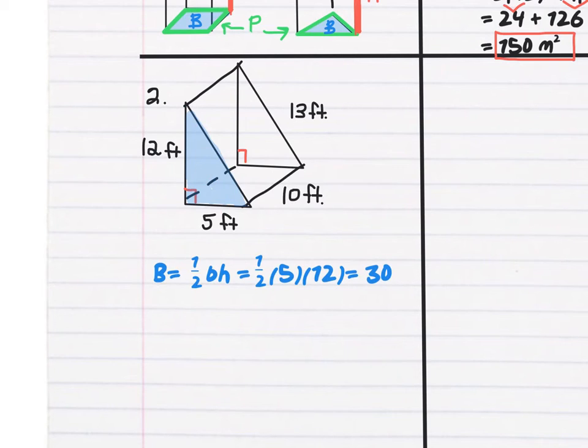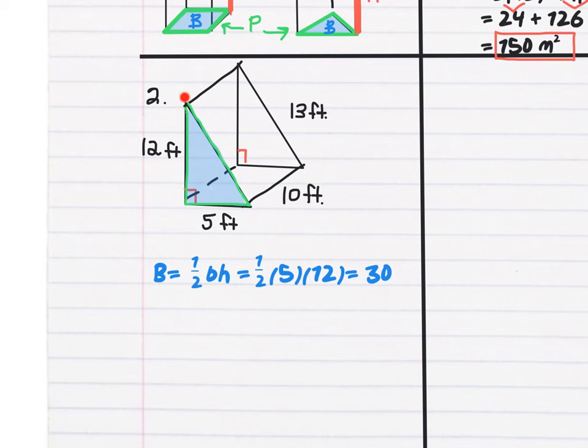Now we're going to find the base perimeter. So we're going to use green for the base perimeter. And remember, you're just going to trace the base with your pencil and add up all the sides of that base. So here I'm going to trace this side here. There's 1, 2, 3 sides, so there's only going to be 3 numbers to add. It's not like the rectangular prism.